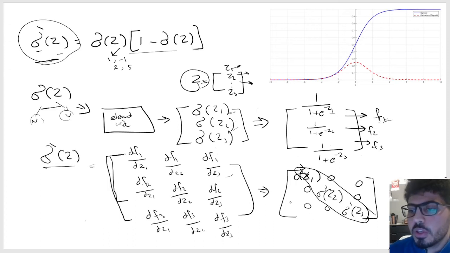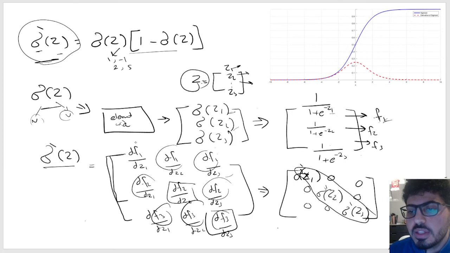This is interesting because we can use this fact to calculate a compressed version of the Jacobian. There is now no need to compute all of these useless elements that we know for sure will result in zeros. We can just compute the diagonal elements and that's it.